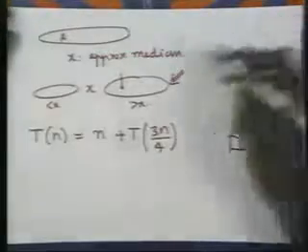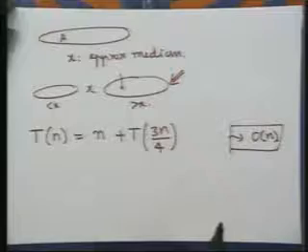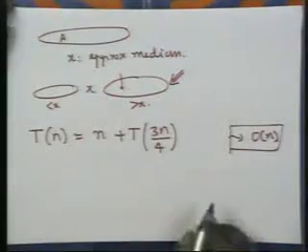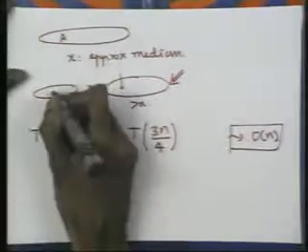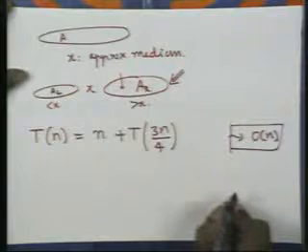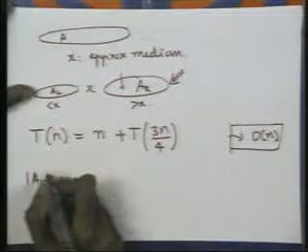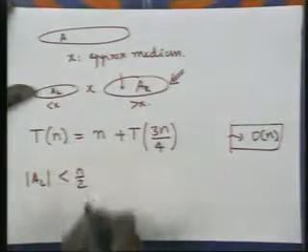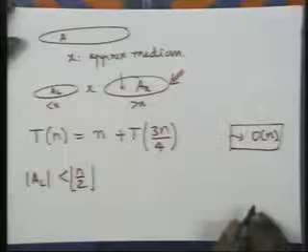The rank of the element I want to find depends on the left side of the array. Let's call these two parts A left and A right. Let's assume that the size of A left is less than floor of n by 2. We'll assume this without loss of generality.